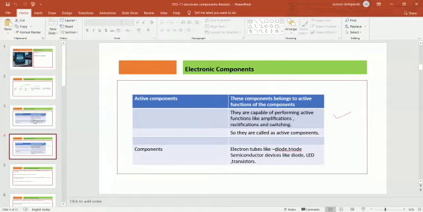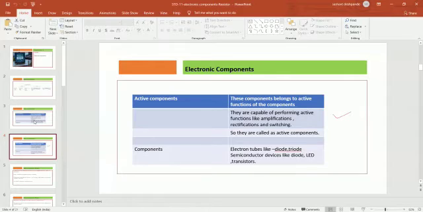Passive components don't have the capability to perform amplification and rectification, but active components do. Which are these components? Electron tubes like diode and triode, and semiconductor devices like diode, LED, and transistor.